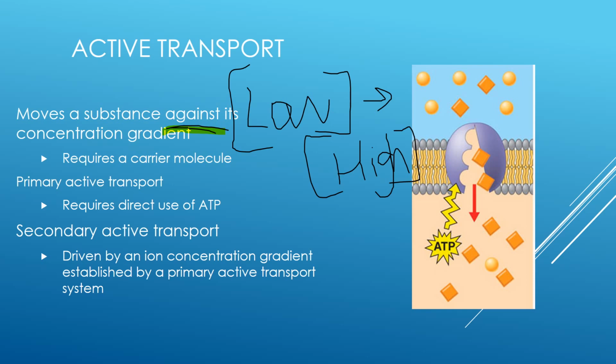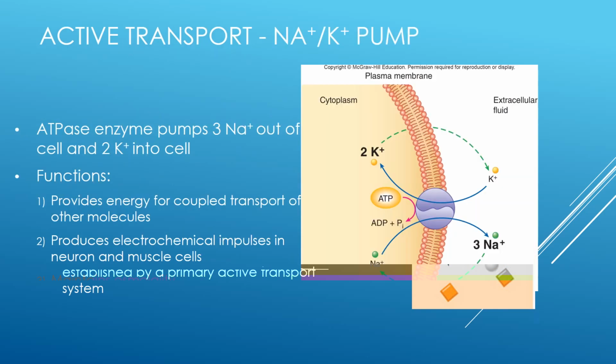There are two types of active transport. The first, primary active transport, uses ATP directly, and the transport protein is also the enzyme ATPase, which will hydrolyze ATP. The second type is secondary active transport, and this is driven by an ion concentration gradient that's established by the primary active transport system.